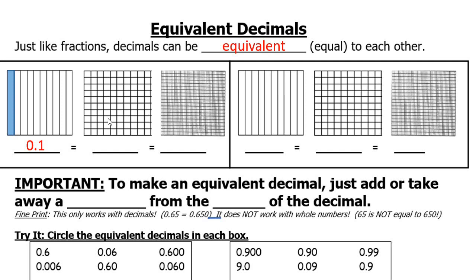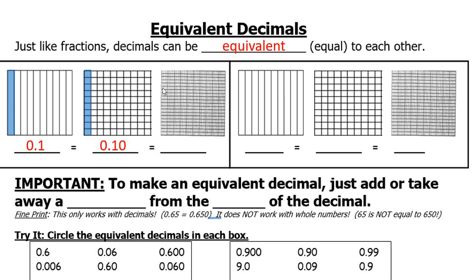If we move over here to the hundredths, how many hundredths would we need to shade to be equivalent to that 1/10? Well, if you think about it, one of these columns in the hundredths is equal to 10, and that's equal to one of those tenths. So in other words, 10 hundredths is equal to 1/10. They name the same amount.